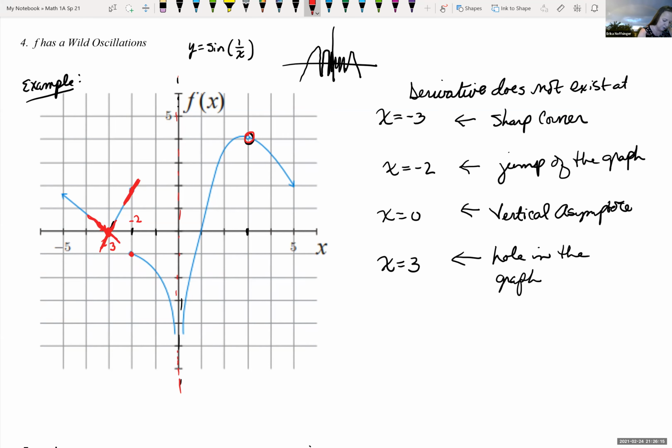If I was looking at points as x gets closer and closer to -2 on the right-hand side, and I would look at this and find the slope at that particular value, it would be decreasing there. And again, I'm not having the same slope, and so the derivative doesn't exist.